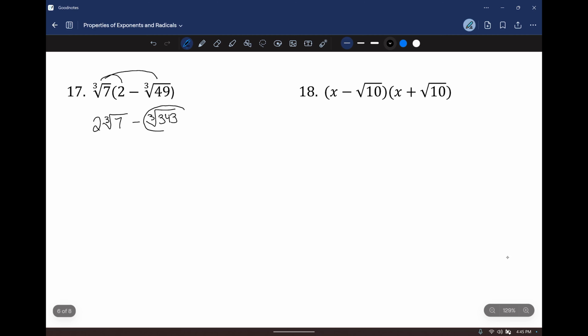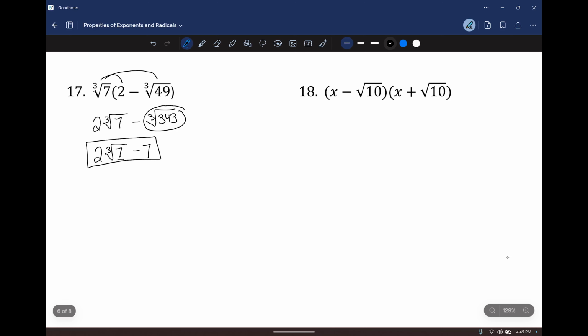This happens to be a perfect cube, and it's 7. So I have 2 cubed roots of 7 minus 7. And since 7 is a prime number, we don't have more than one of it, so we can't split that up into anything.